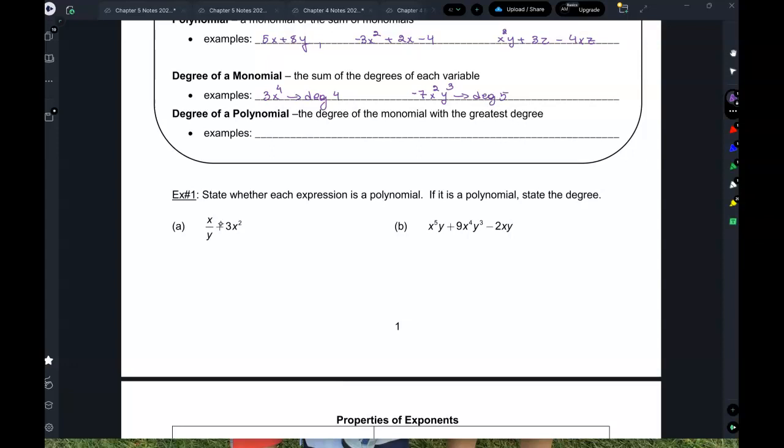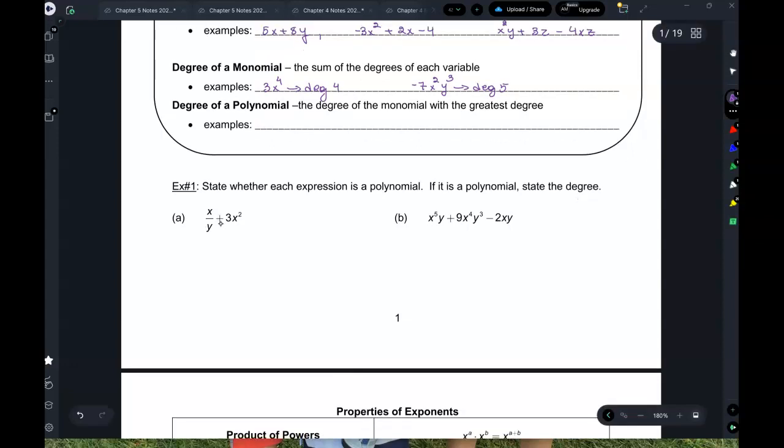Okay? The degree of a polynomial is the degree of the monomial with the greatest degree. So if I have 5x squared plus 3x minus 4, what's the degree? 2.